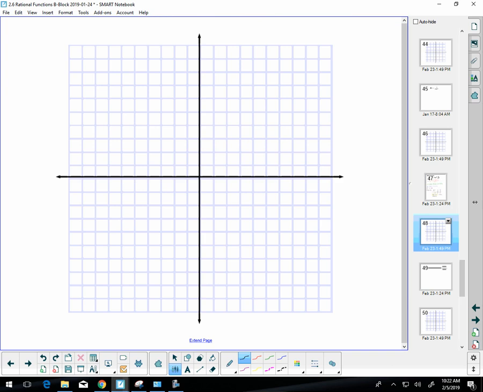So I'm going to go to my graph here. I'm going to put a scale on here. I'm going to choose to scale this way. I think that will spread it out well, give me enough space to work with, and have it be somewhat reasonable. Like we said, my vertical asymptote is at negative 2.